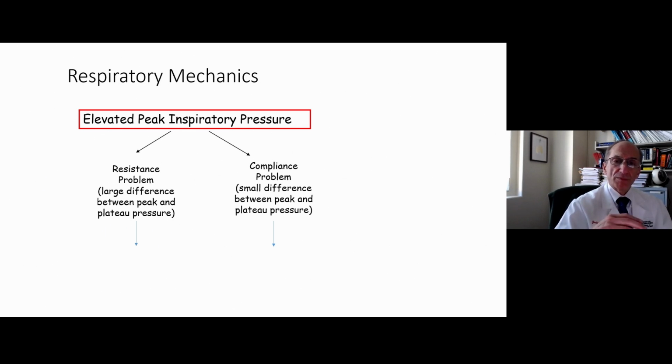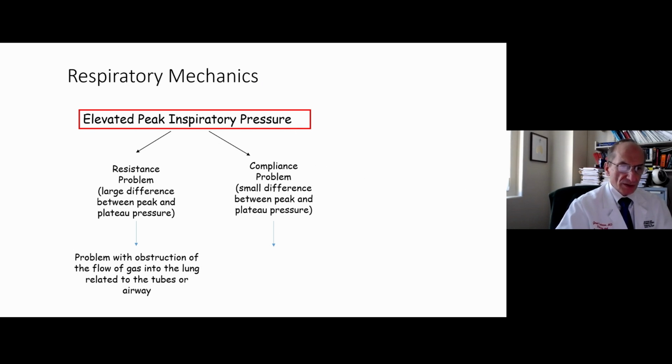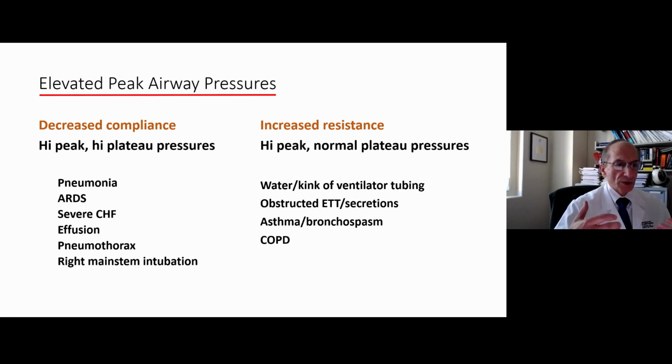And that can be very diagnostically important because it can help distinguish between compliance problems. The compliance problem is when the lung itself gets stiff or it requires a greater pressure to inflate it for a variety of reasons, but it's not a resistance problem. I'll give you examples on the next slide, where an example of a compliance problem would be ARDS.